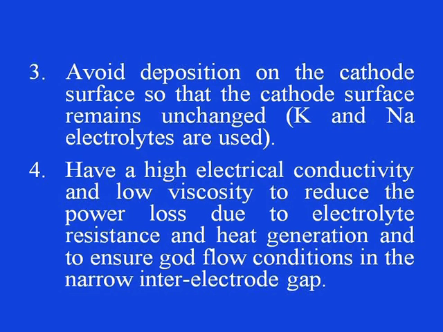Then number 4, it should have a high electrical conductivity and low viscosity to reduce the power loss due to electrolyte resistance, and heat generation to ensure good flow conditions in the narrow inter-electrode gap. Number 5, it should be safe, non-toxic and less erosive to the machine body.